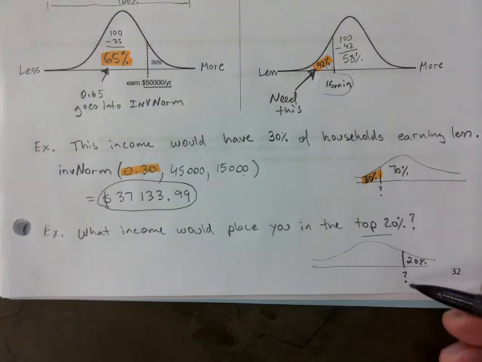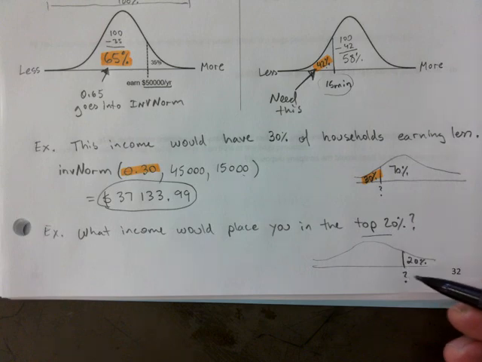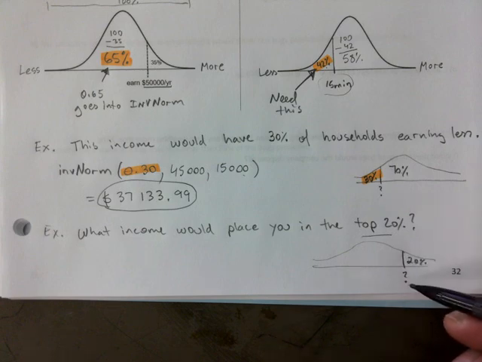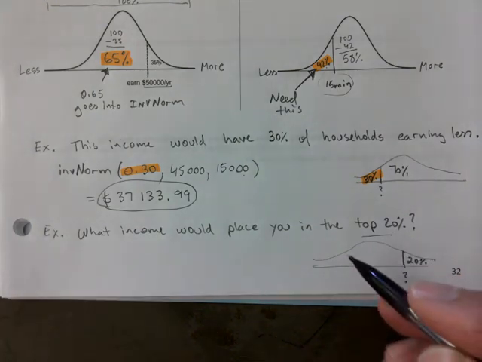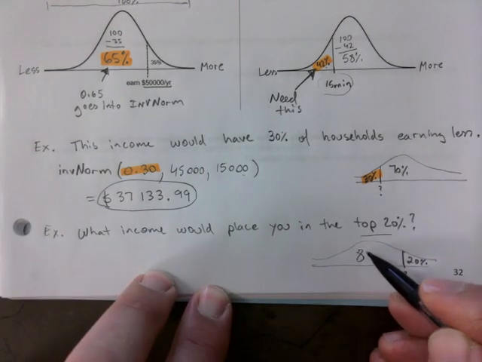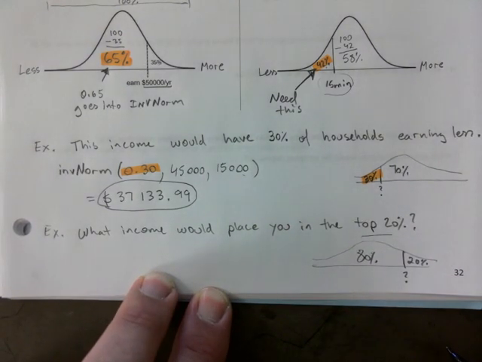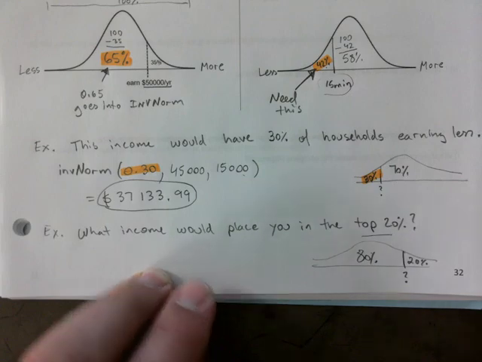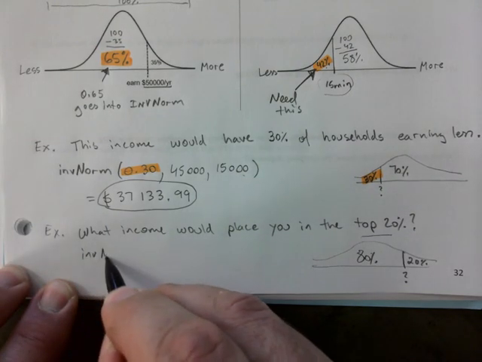The minute you make this much, you are in the top 20%. If you earn more than that, you'd still be in the top 20, but this is like the cutoff. So if this is 20%, then this is 80, because it adds to 100.